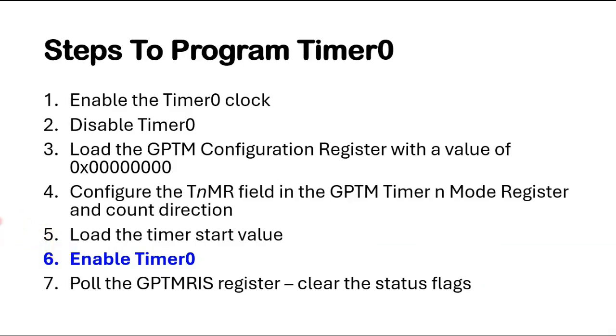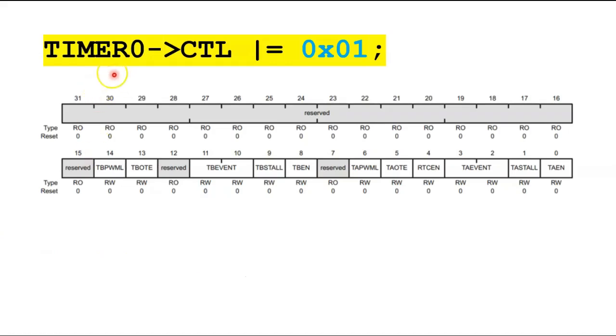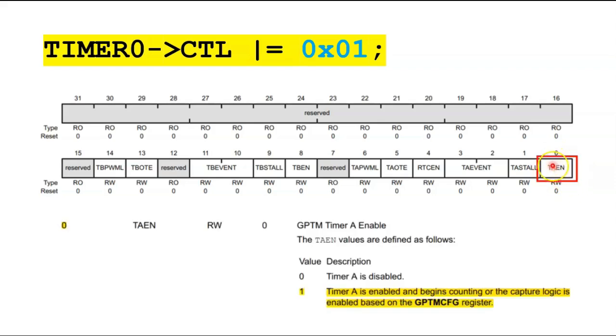Step 6. Enable timer 0. Now this step is the opposite of step 2. In this step, we will enable timer 0. So this instruction here basically will enable timer 0 by setting this bit here, bit 0, to a 1.